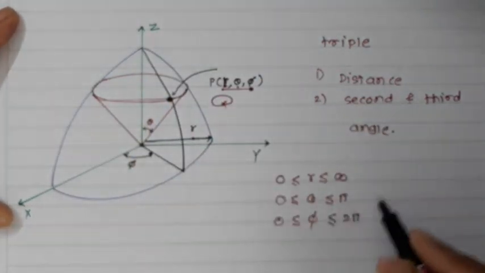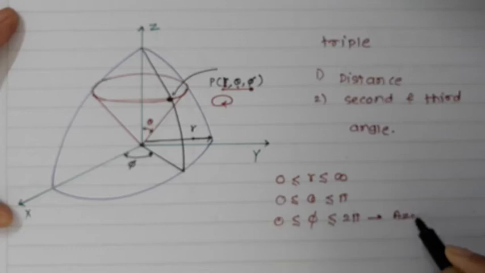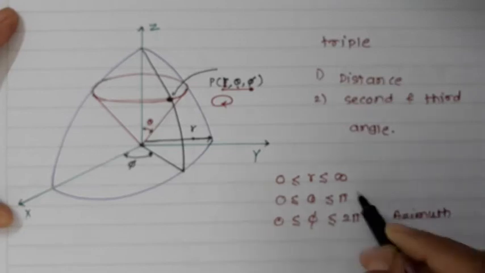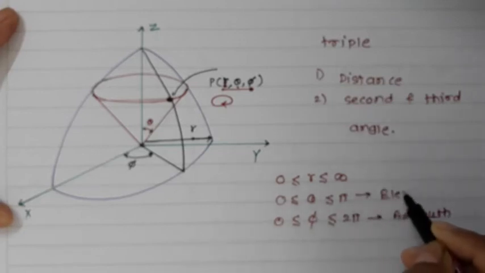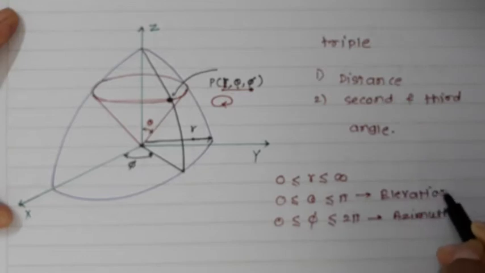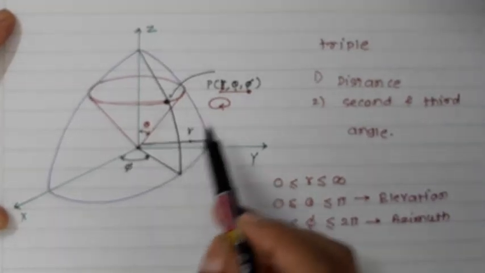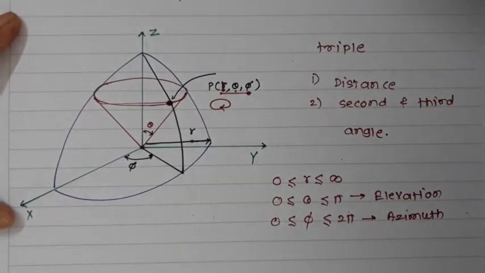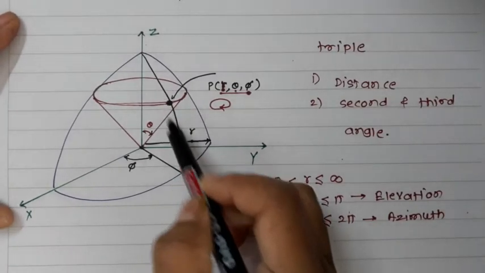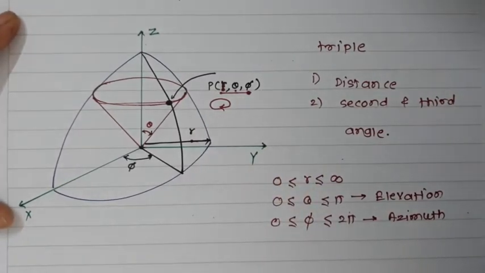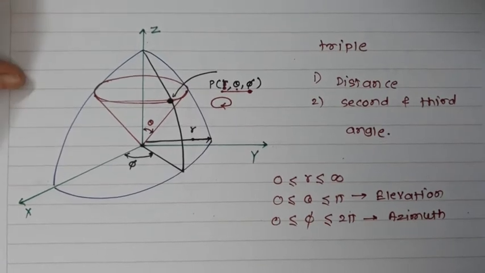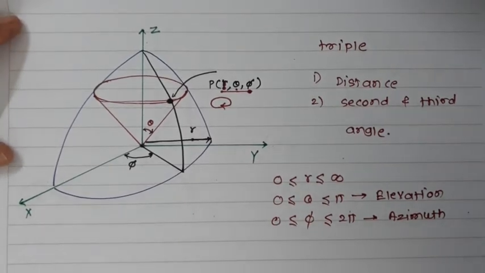This angle will be called the azimuth angle, and this will be called the elevation angle. So with the azimuth angle, a total 360 degree rotation is possible, and with this elevation angle, you can say 180 degree elevation or rotation is possible. So this is all about the spherical coordinate system.